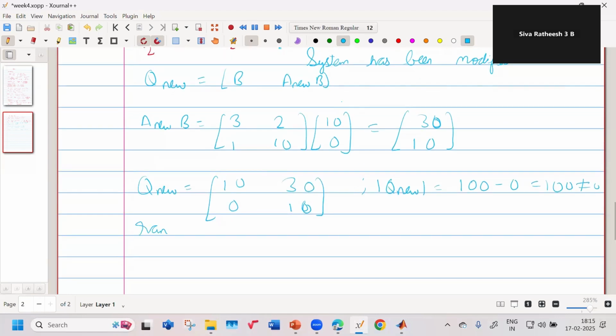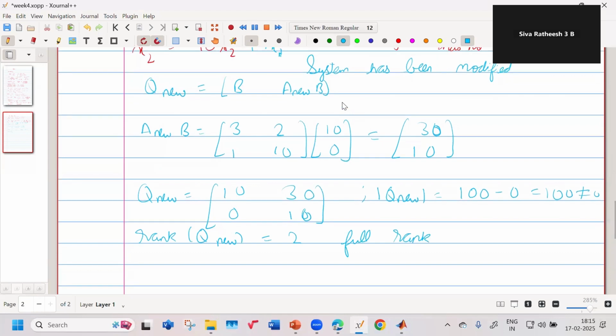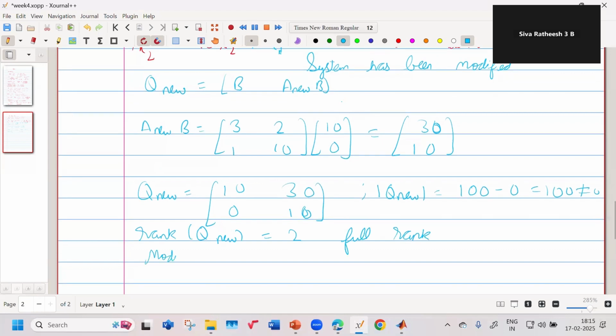That means the rank of this Q matrix is equal to 2. So it is full rank. Okay, so the modified system is controllable.